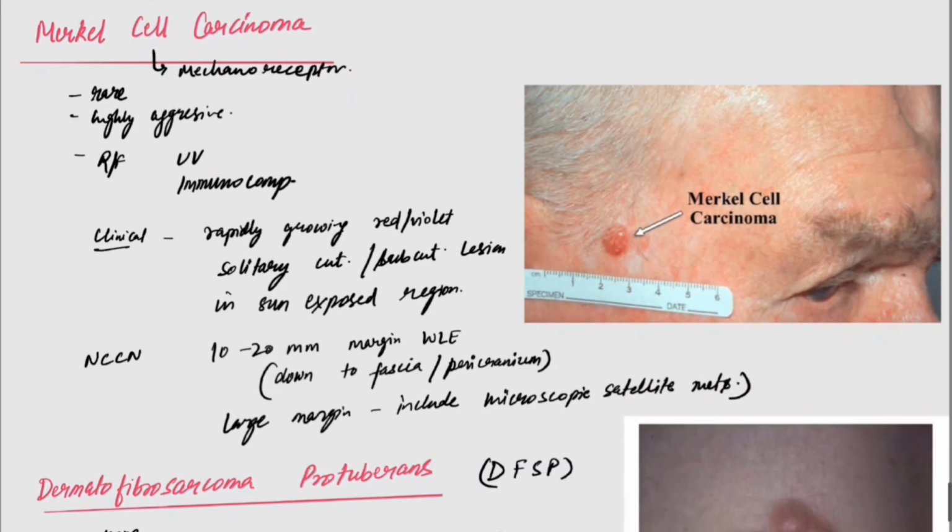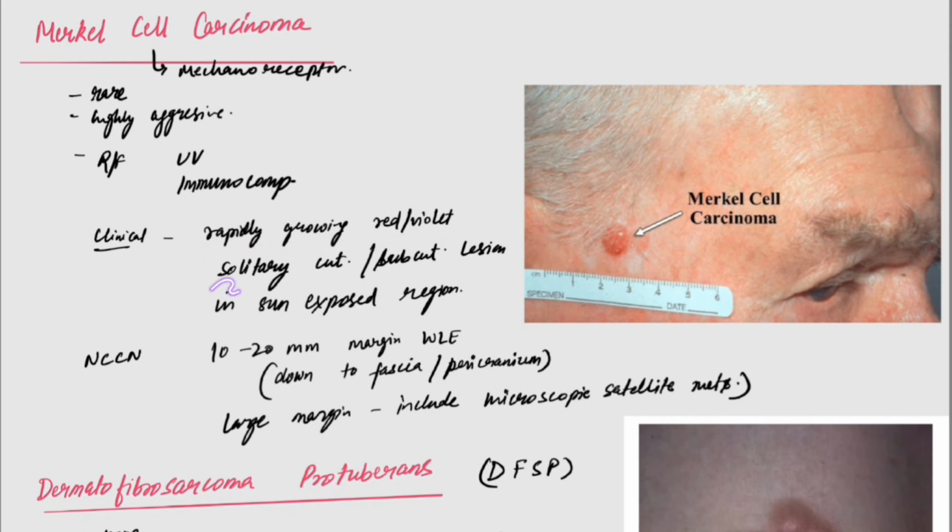Now coming to rare skin cancers. The first is Merkel Cell Carcinoma. Merkel cell is a mechanoreceptor. These cancers are very rare and highly aggressive. Risk factors are UV exposure and immunocompromised state. Clinically, these lesions are rapidly growing red-violet lesions.